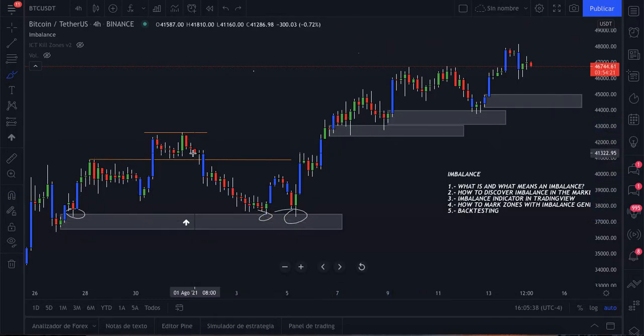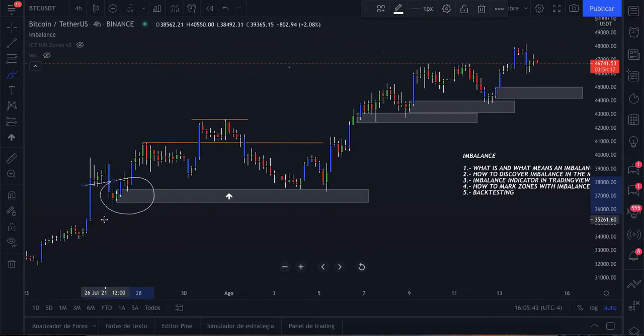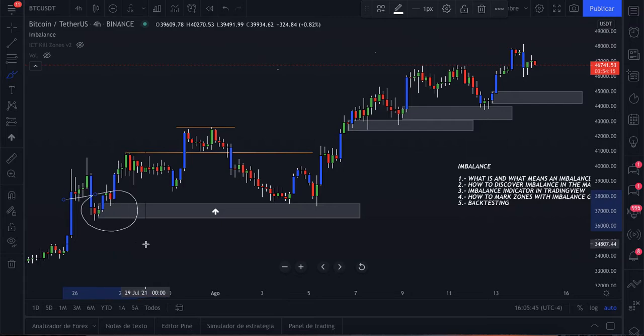Why? Because probably this is a really important zone for institutions, for big whales, for people who have a lot of Bitcoin. So basically this level, it's around 37.3 and 36.5. This area is important for buyers.